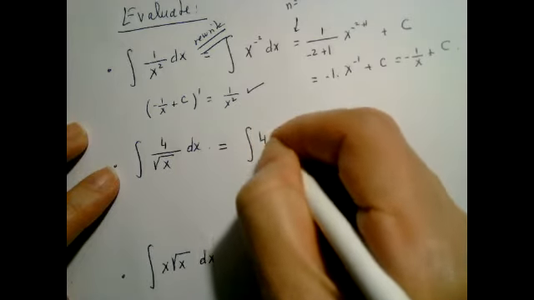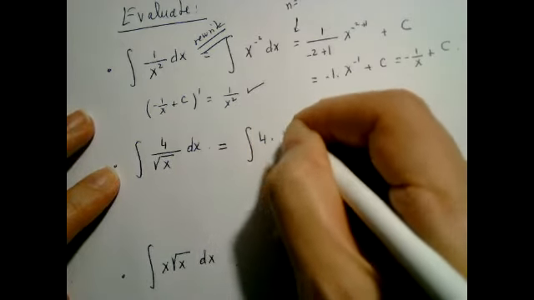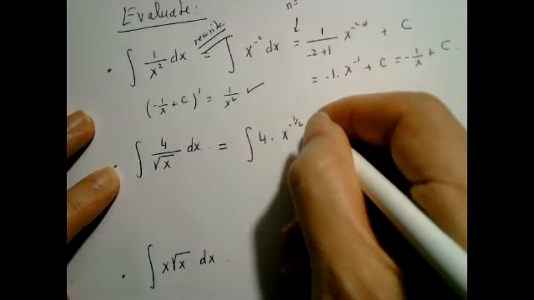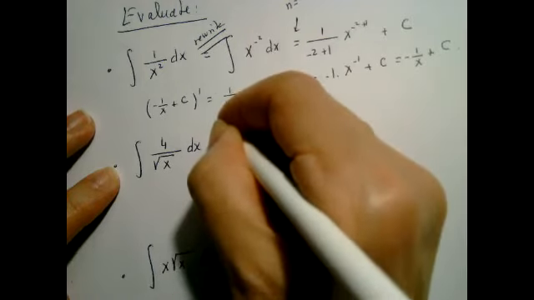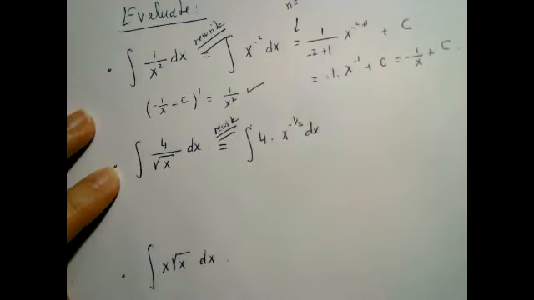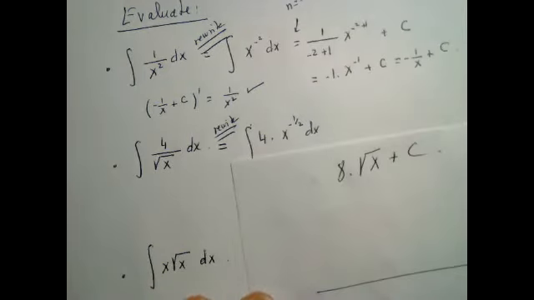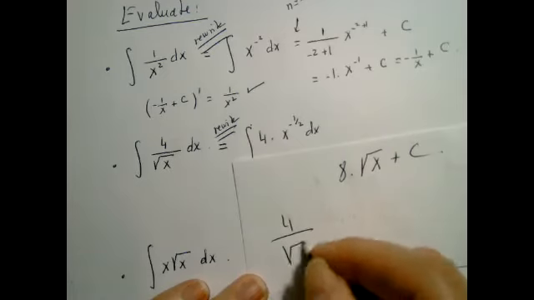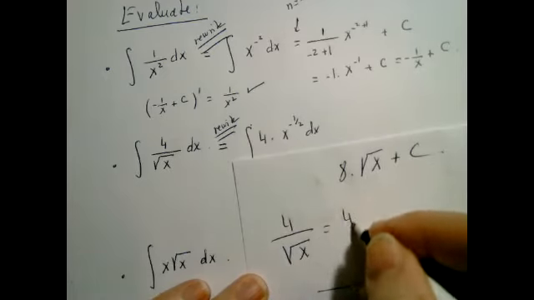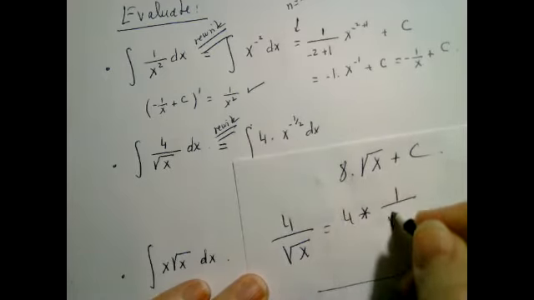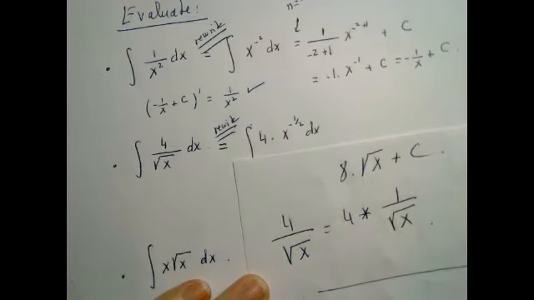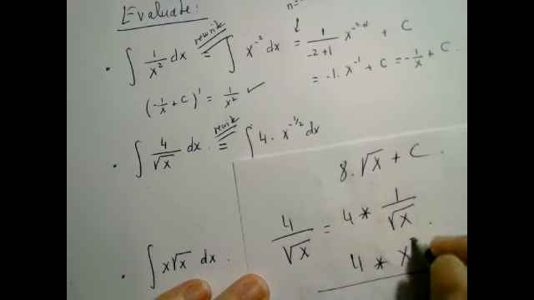So first we're going to rewrite it. That's 4 times x to the minus a half dx. Rewriting is always the most important step in the process. Because 4 over the square root of x is 4 times 1 over root x, which means 4 times x to the minus a half.